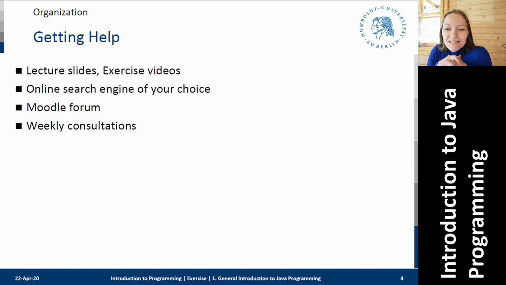Getting help. This is, of course, a very important part if you are learning any programming language. It depends on what kind of questions you have.